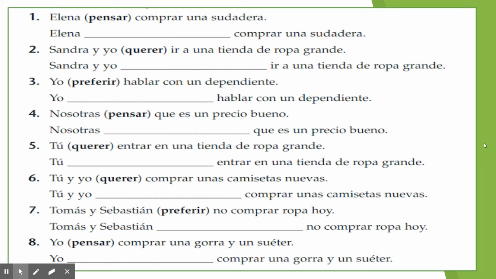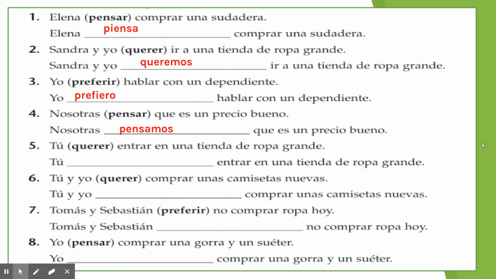Okay, let's go ahead and check these. Elena piensa comprar una sudadera. Sandra y yo queremos ir a una tienda de ropa grande. Yo prefiero hablar con un dependiente. Nosotras pensamos que es un precio bueno.